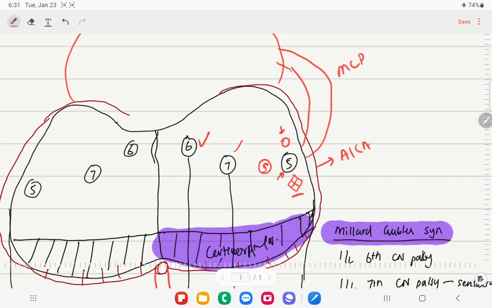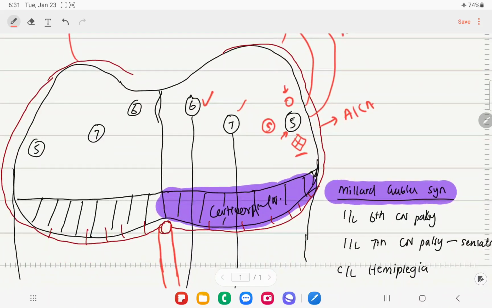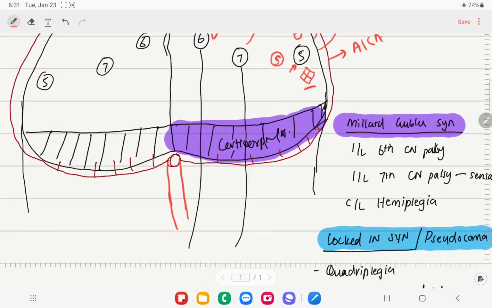So let's talk about what's going to happen. These are the little branches from the basilar artery that supply the anterior aspect of the pons. What's going to happen when we occlude these branches? We'll have a syndrome.